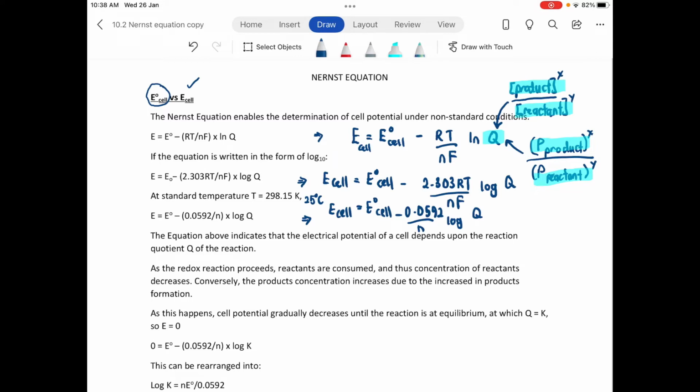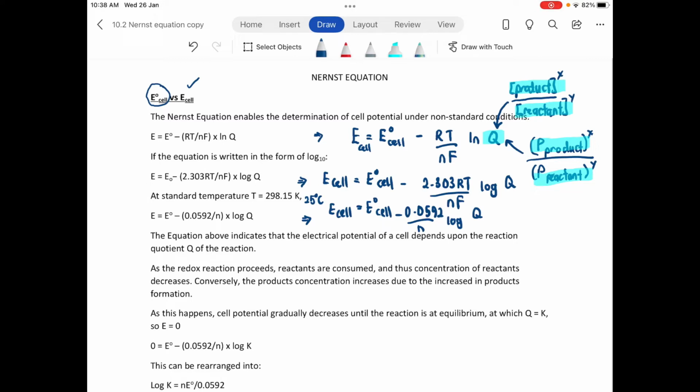Walaupun kita start with standard condition, but we can see that as the reaction goes on, the voltage reading will be different.